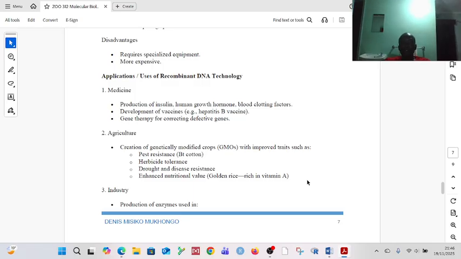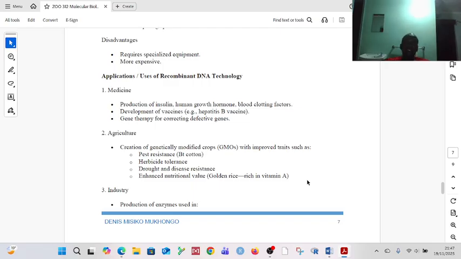We have the production of the human growth hormone, the production of the blood clotting factors, several vaccines, and also gene therapy. So recombinant DNA can be applied in medicine to produce various hormones like insulin, human growth hormone, blood clotting factors. It can also produce vaccines, among other things.